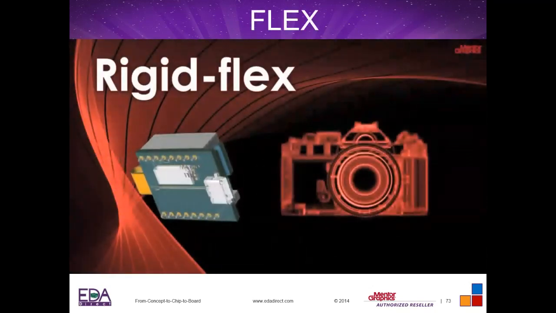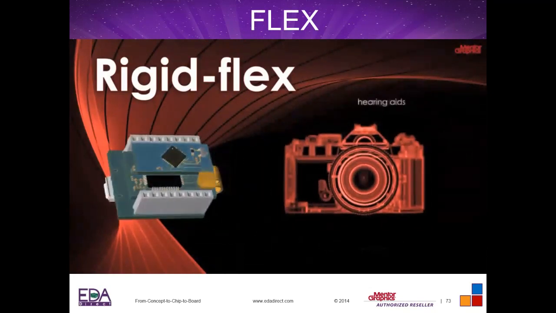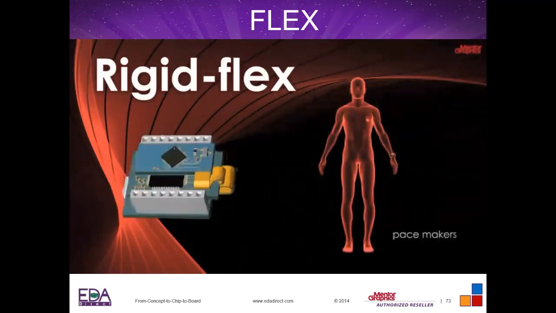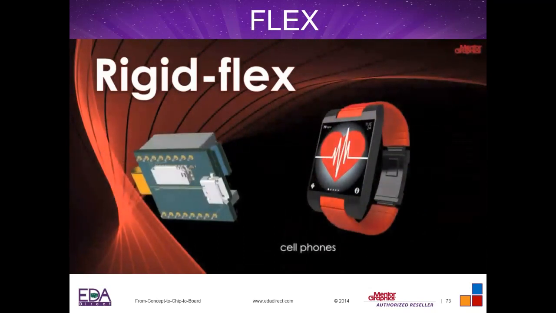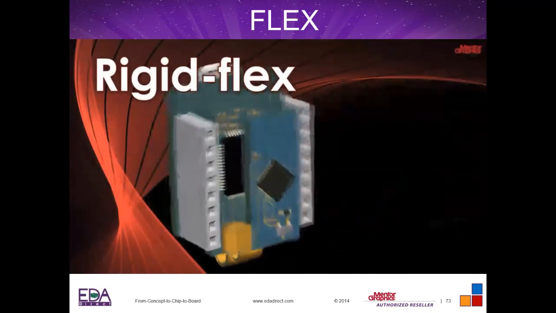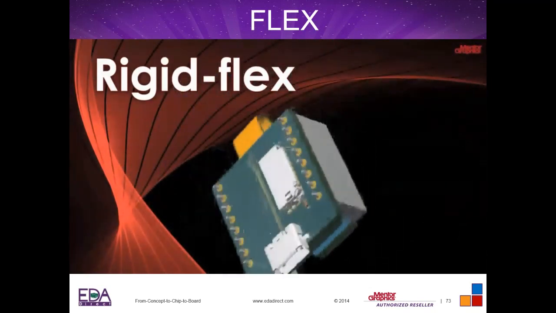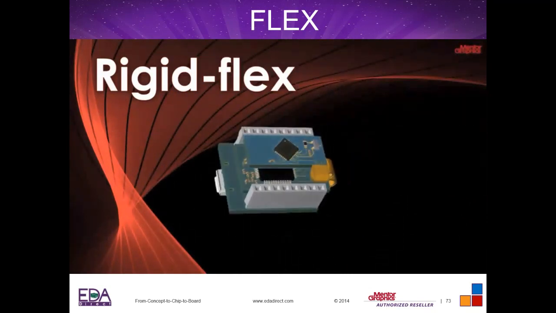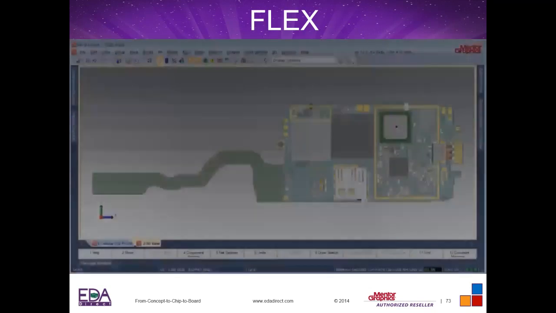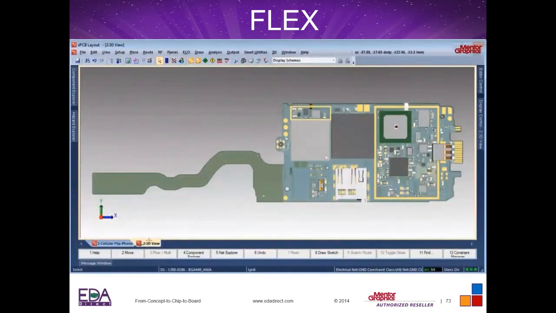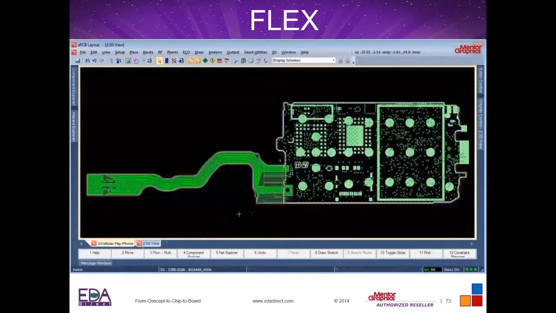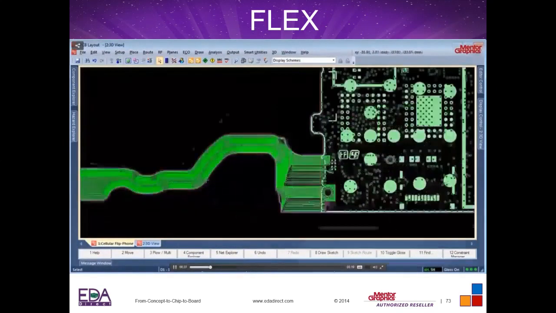Flex PCBs are used everywhere in industry, from digital cameras, hearing aids, pacemakers, to health trackers, and much more. A rigid flex design typically consists of multiple inner layers of flexible circuits and rigid regions typical to everyday PCBs. These are often found in cell phones, LCD TVs, antennas, laptops, and many more applications.